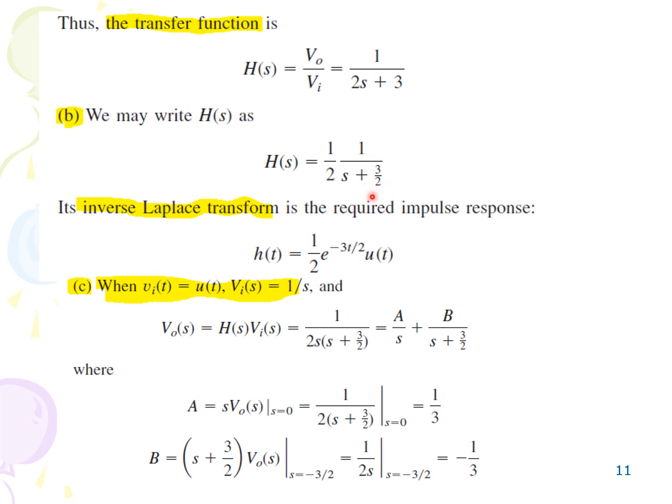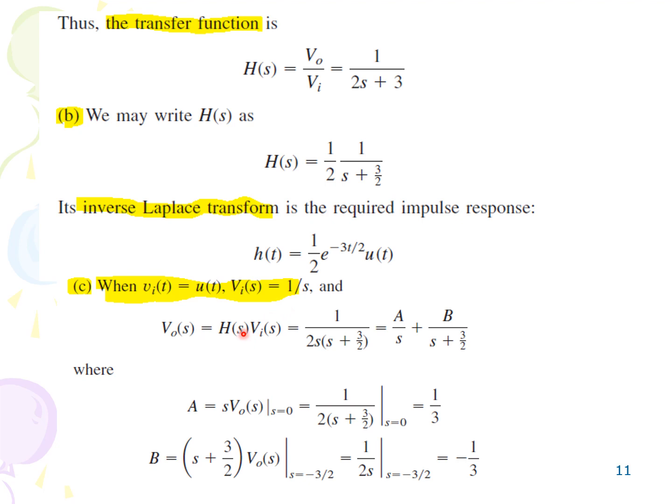Now the second last part. When the input voltage is equal to the step function u(t), you can transform it into the S domain, because the Laplace transform of the step function u(t) is equal to 1 over s, and you can write V naught of s, the output voltage, as the product of the transfer function and the input voltage. The input voltage in this case is 1 over s in the S domain.